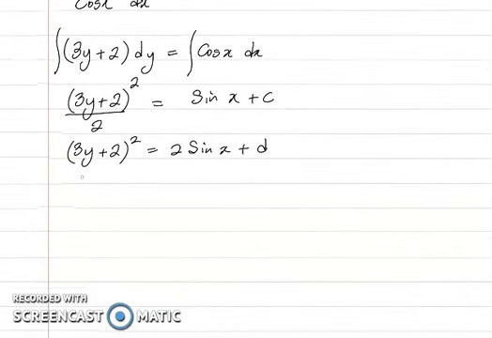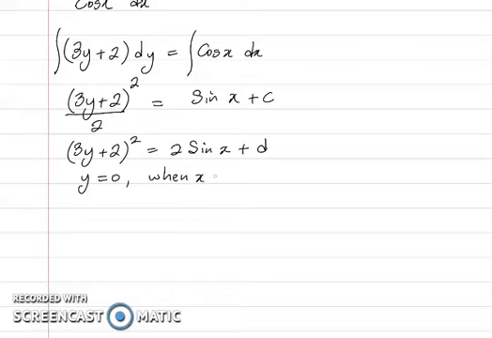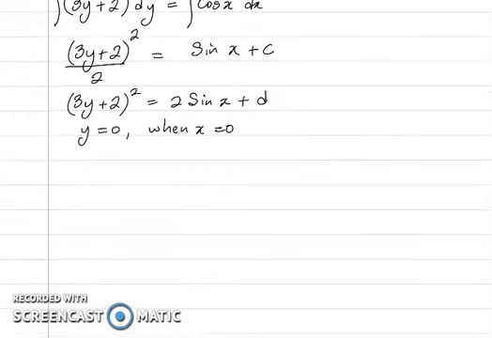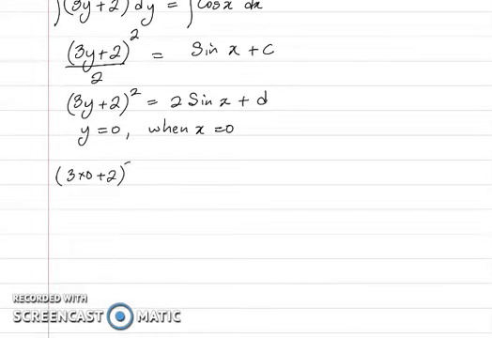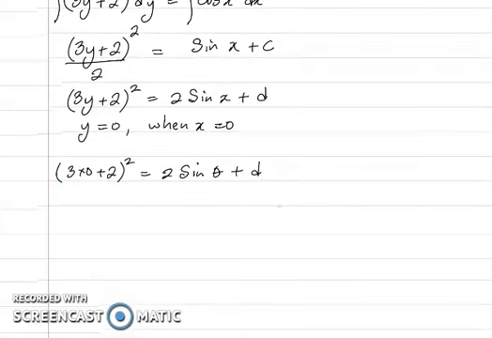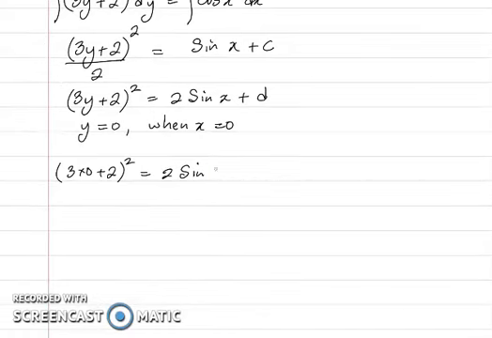So now we have 3 times 0 plus 2, squared, is equal to 2 sine 0 plus b. The sine of 0 is 0, so 3 times 0 is 0, plus 2 is 2, 2 squared is 4.